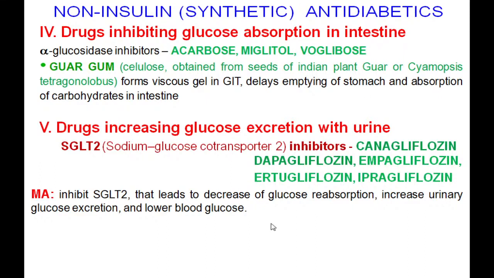Nowadays, we have several preparations: canagliflozin, dapagliflozin, empagliflozin, ertugliflozin, ipragliflozin. All of them are used in different countries and are popular because they promote decreased glucose level in blood. So, the mechanism of action we have discussed: inhibition of SGLT2 that leads to decrease of glucose reabsorption, increased urinary glucose excretion, and lower blood glucose.